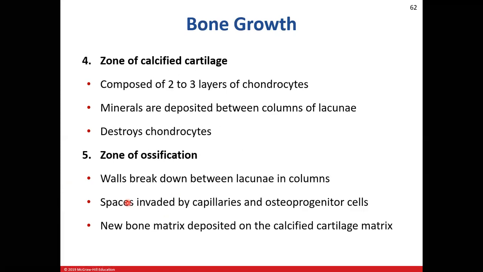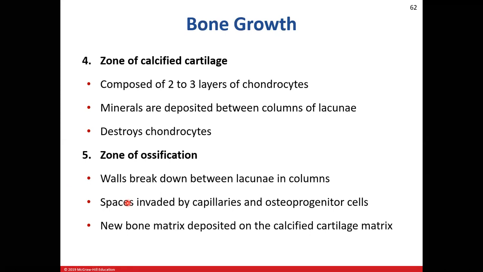Our fourth zone is the zone of calcified cartilage. This zone is composed of 2 or 3 layers of chondrocytes, and we start to see minerals being deposited between the columns of these lacunae. Within this zone, we start to see the destruction of our chondrocytes. That leads us into the zone of ossification.